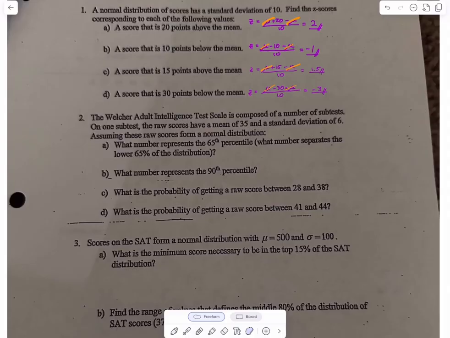Okay. Let me check something. I mean, I think we're pretty much doing the same thing with the z-scores, but I just want to be sure. So let's go like this, actually. I'll get rid of that right here. This one. This one. And it should just be the z-score.